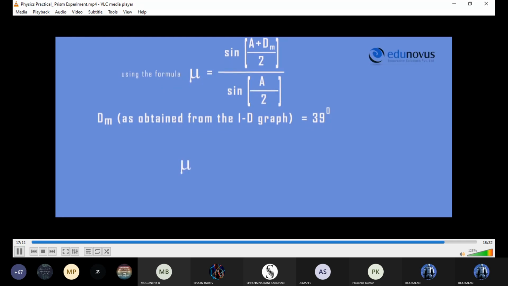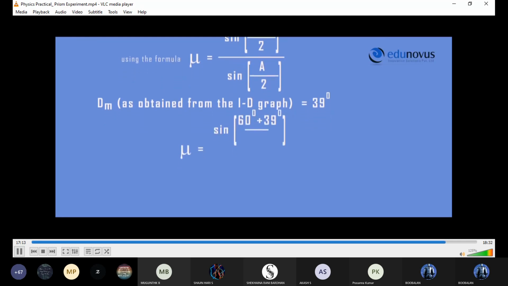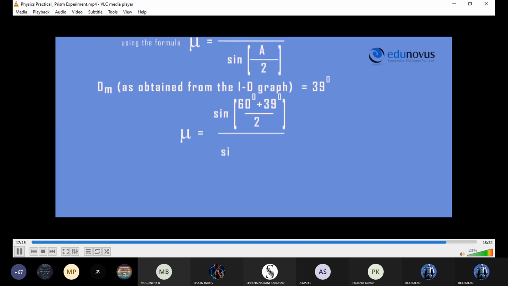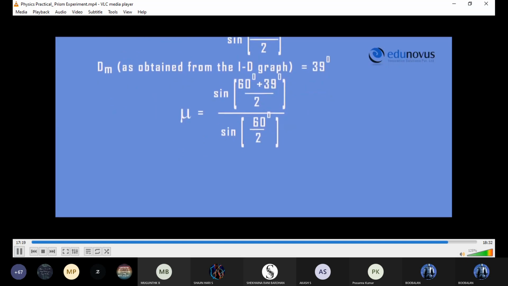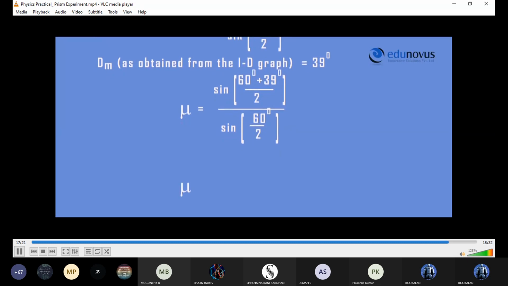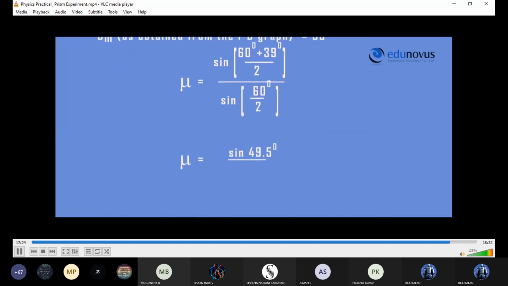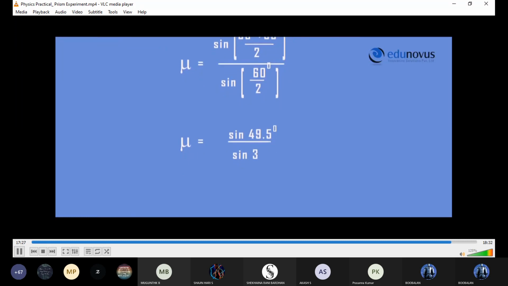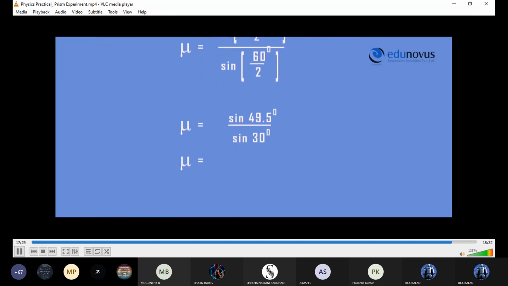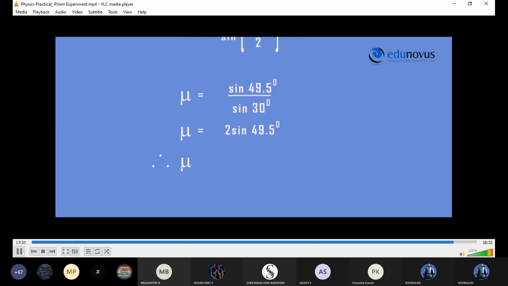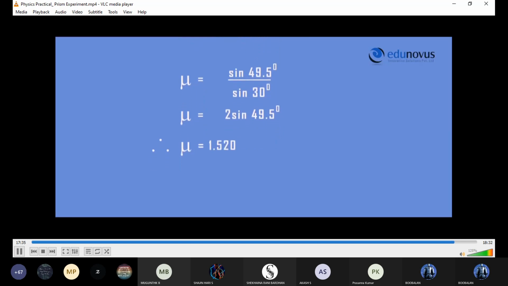Therefore, mu is equal to sine of (60 plus 39) degrees by 2 divided by sine of 60 degrees by 2, which is sine 49.5 degrees by sine 30 degrees, which is 2 sine 49.5 degrees. Therefore, mu is equal to 1.520.